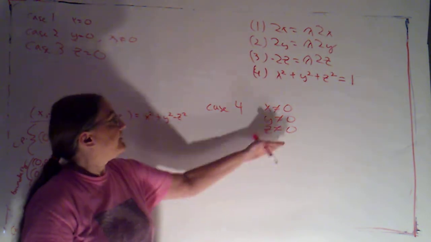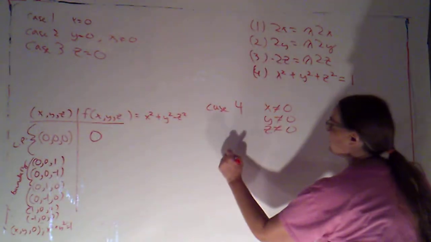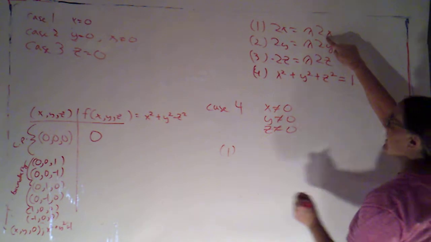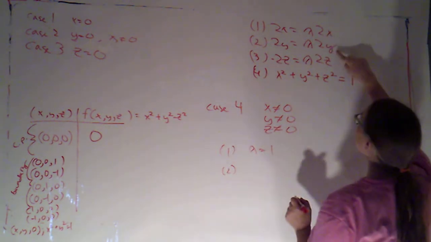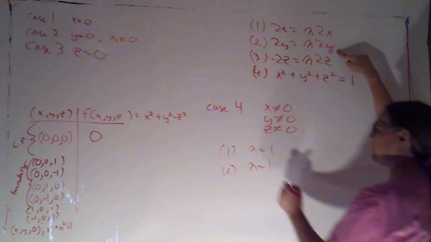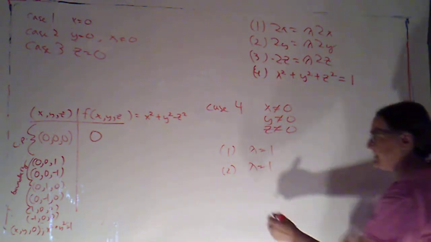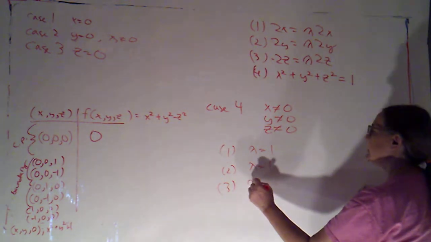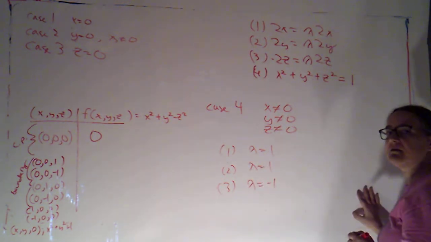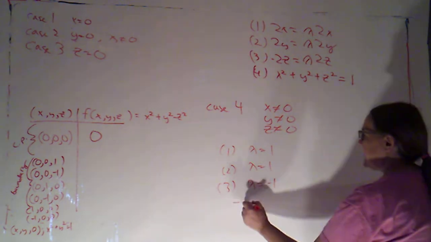If nothing goes wrong, then equation 1, I can divide by x, so I get lambda equals 1. Equation 2, I can divide by y, so lambda equals 1. Fantastic, it's consistent. Equation 3, I can divide by z, so lambda equals -1. That's a contradiction.